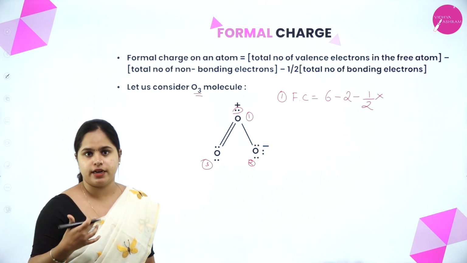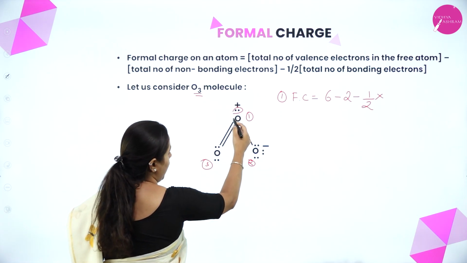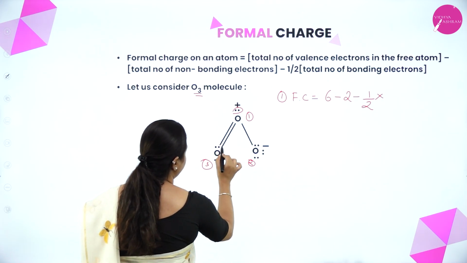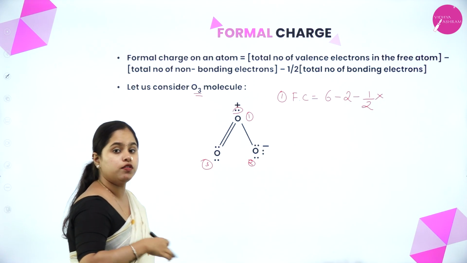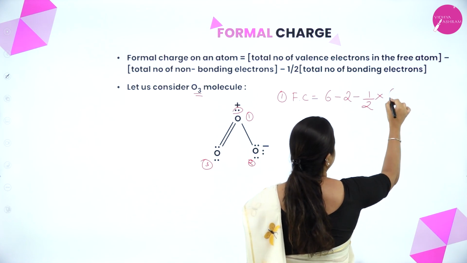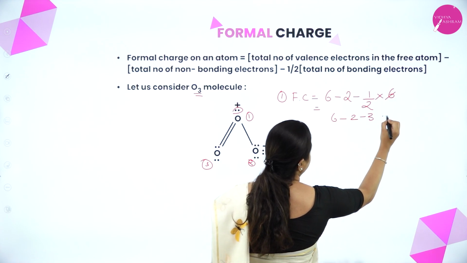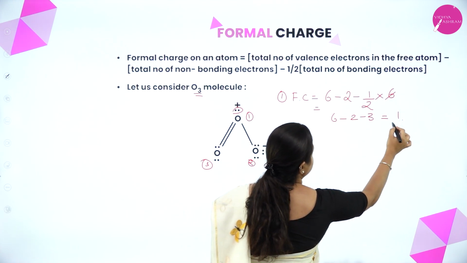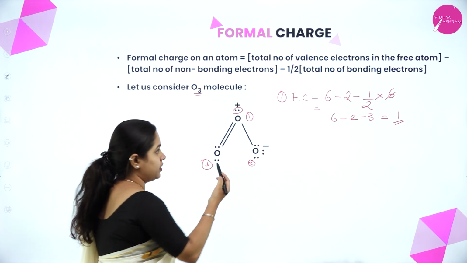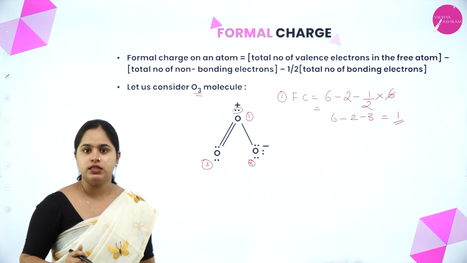This oxygen has bonds with the other two oxygen atoms, so 1, 2, 3, 4, 5, 6: a total of 6 bonding electrons, half of which is 3. So 6 minus 2 minus 3 is 1. From the calculation, you can see that this particular oxygen atom in ozone has a +1 charge.